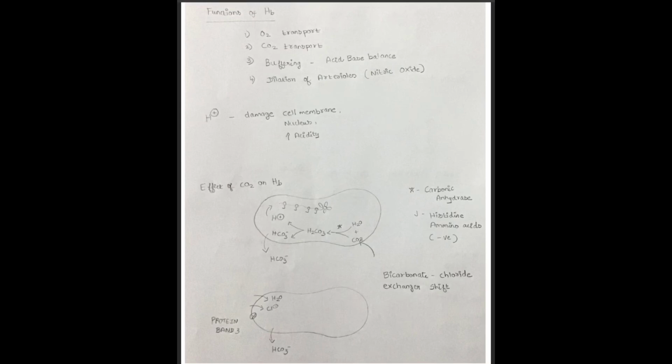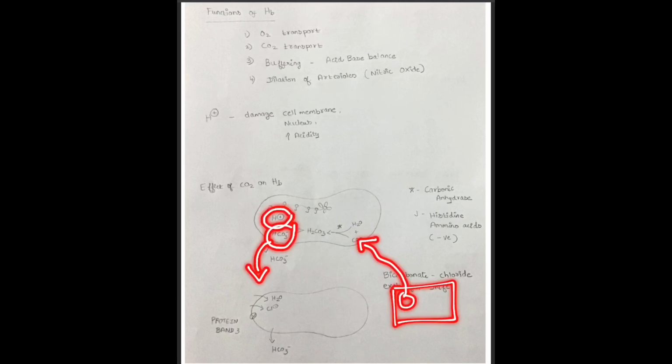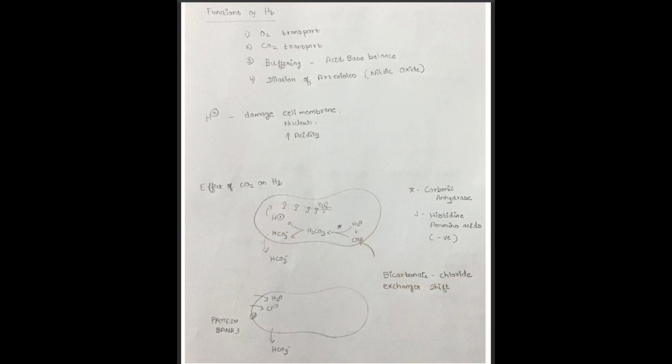So what do you mean by Bohr effect? When carbon dioxide from the tissue enters the RBC, there will be more hydrogen ion formation and bicarbonate formation. This bicarbonate will move outside, and this hydrogen ion gets picked up by the hooks of the hemoglobin.